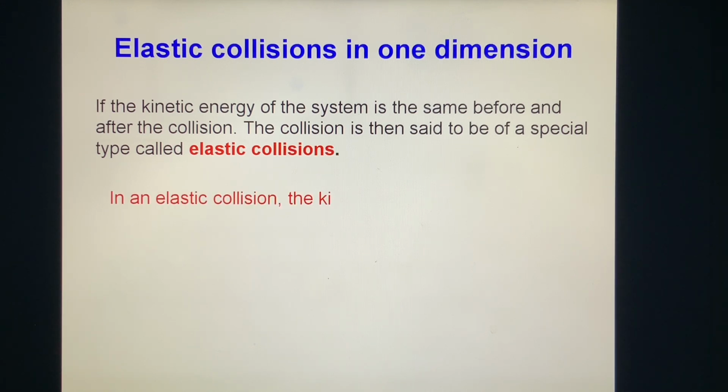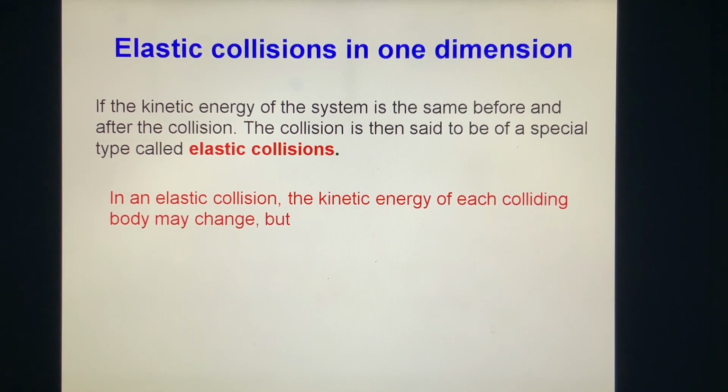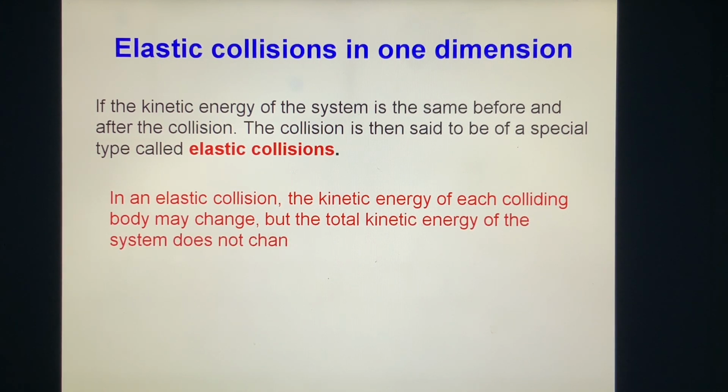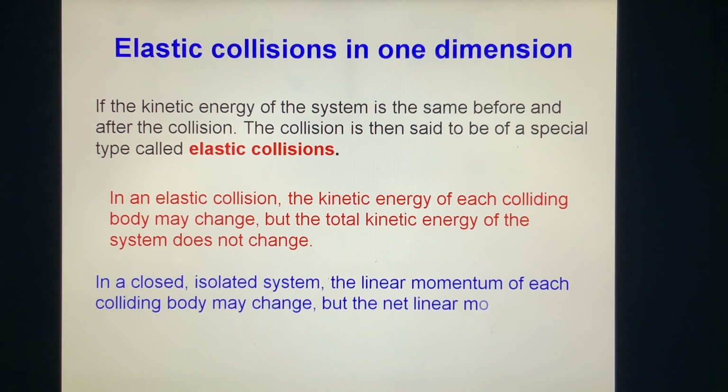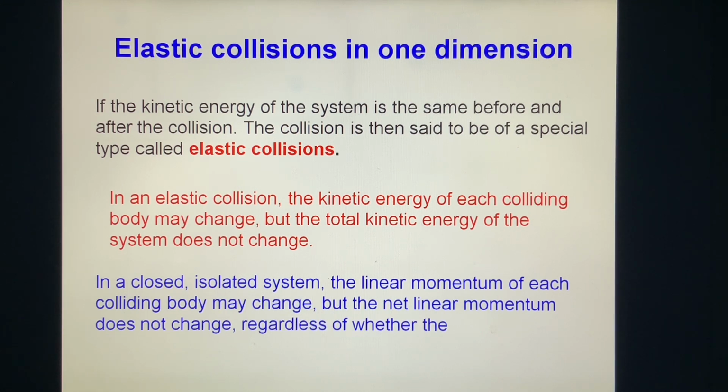In an elastic collision, the kinetic energy of each colliding body may change, but the total kinetic energy of the system does not change. In a closed, isolated system, the linear momentum of each colliding body may change, but the net linear momentum does not change, regardless of whether the collision is elastic or not.